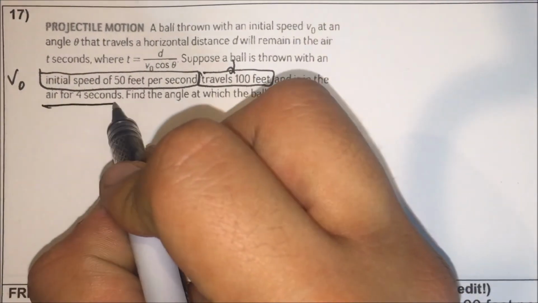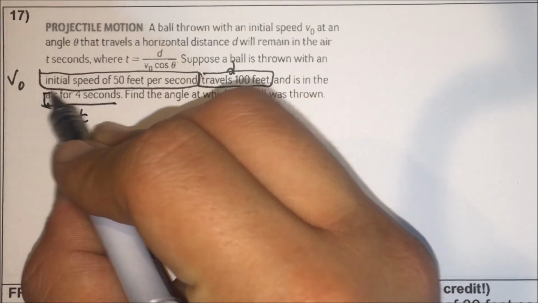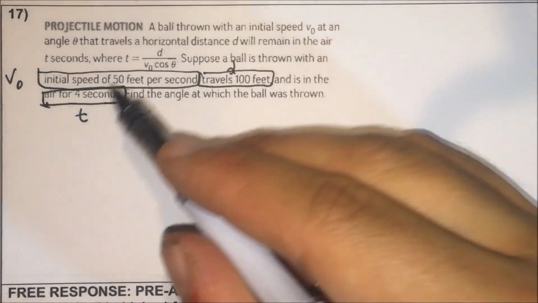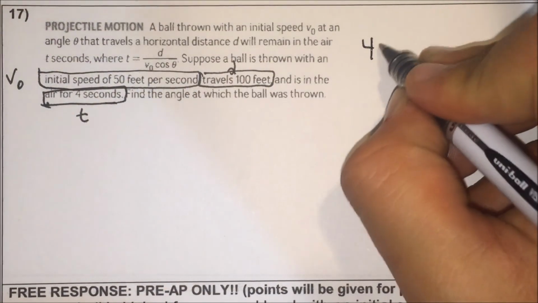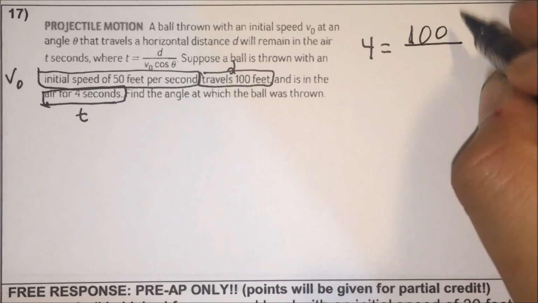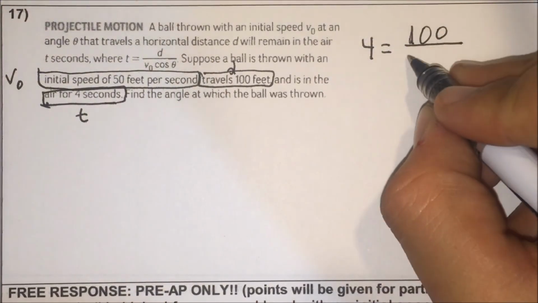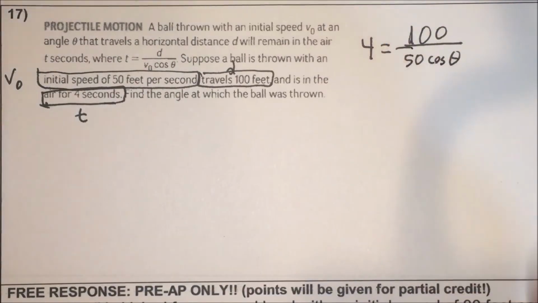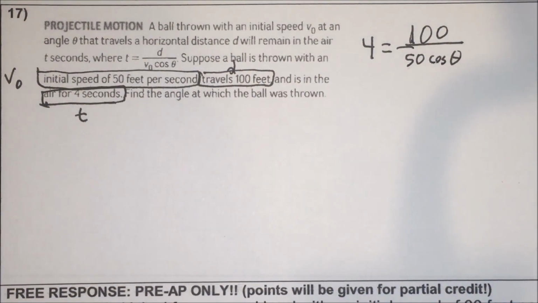And it's in the air for 4 seconds, that's just our t. So we just plug all that stuff into our formula. So 4 is equal to d, which is 100, over the initial speed, which is 50, times the cosine of theta because we don't know what that is.